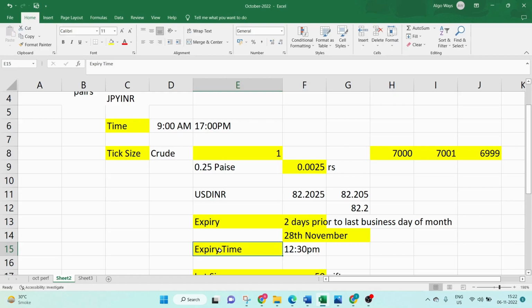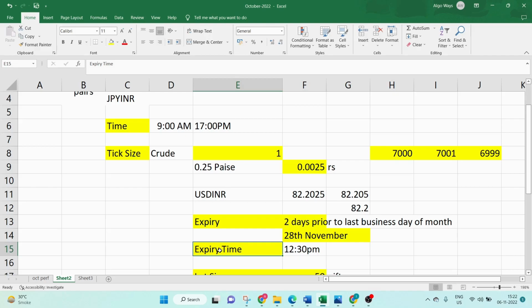This is very important to note, especially for traders who are trading manually, and this happens with most people. It has happened with me also quite a number of times, that we forget that today is expiry and we take a position manually, say in the morning, or through Algo as well.